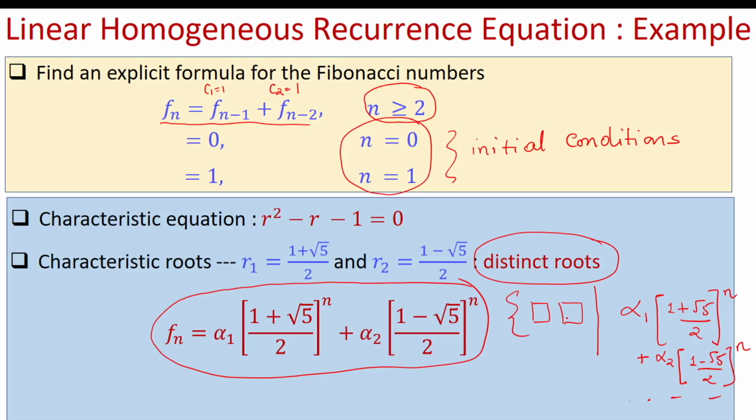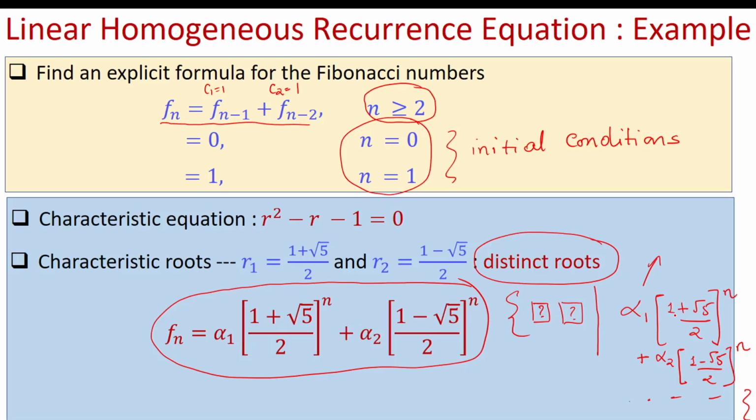That's what I am saying here. Now, it's up to me: whatever value for alpha 1 and alpha 2 I substitute, that will determine a different Fibonacci sequence.